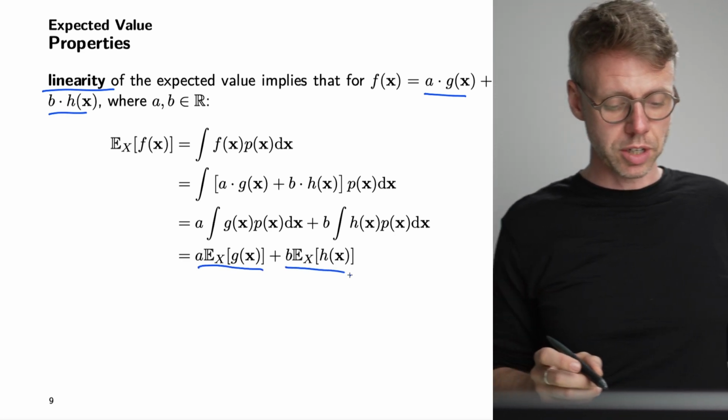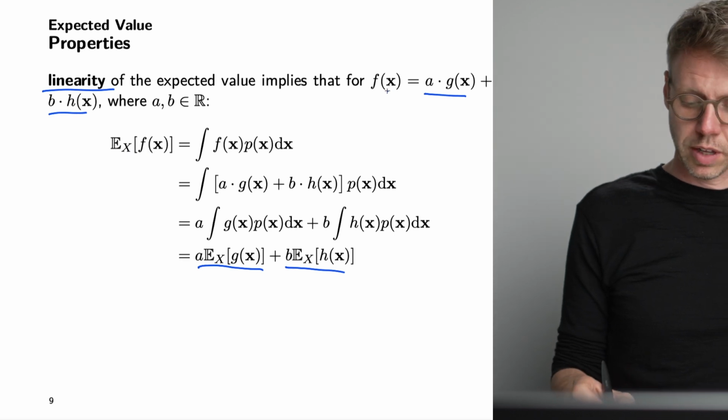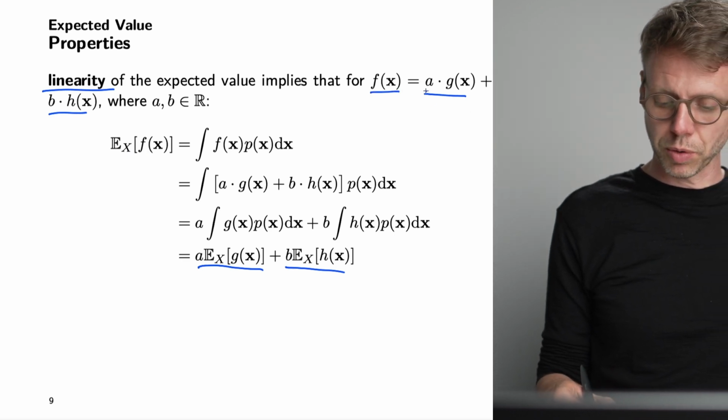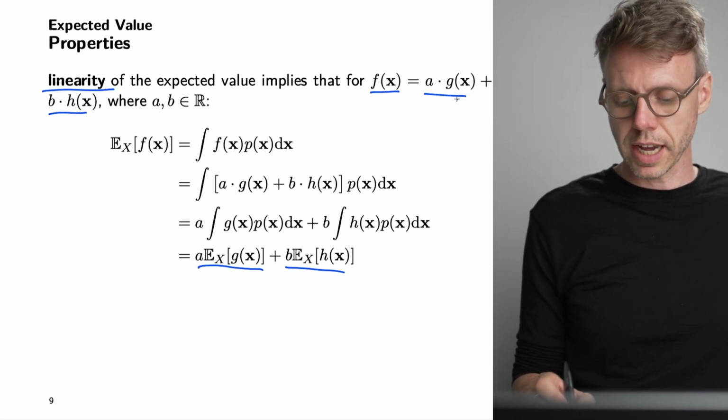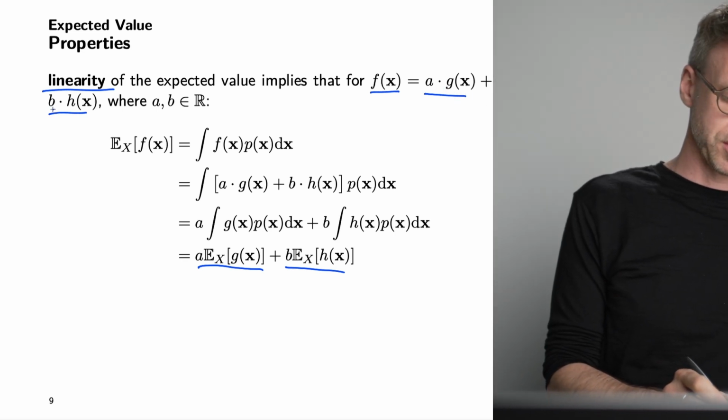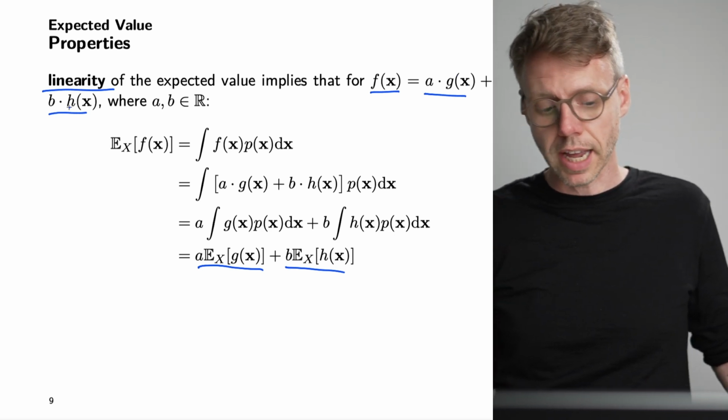Let's look at the derivation briefly. So f(x) is equal to a constant a times a function g(x) plus a constant b times a function h(x).